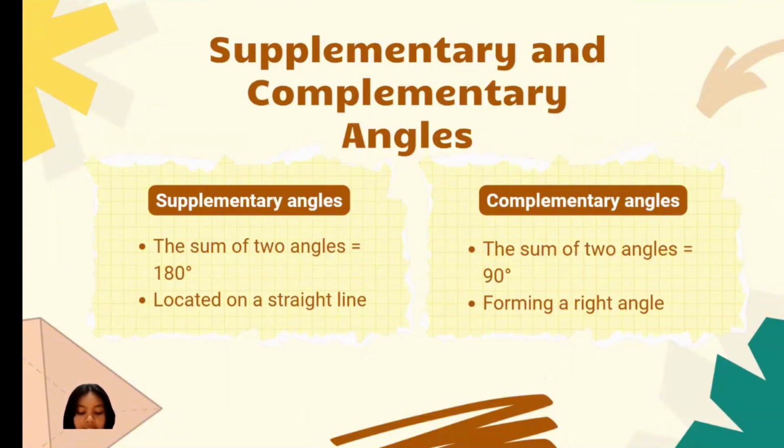Two angles are said to be supplementary if their measures add up to 180 degrees. So the sum of two angles is 180 degrees and they are located on a straight line. Meanwhile, complementary angles are two angles that add up to 90 degrees. So the sum of two angles is 90 degrees, forming a right angle.